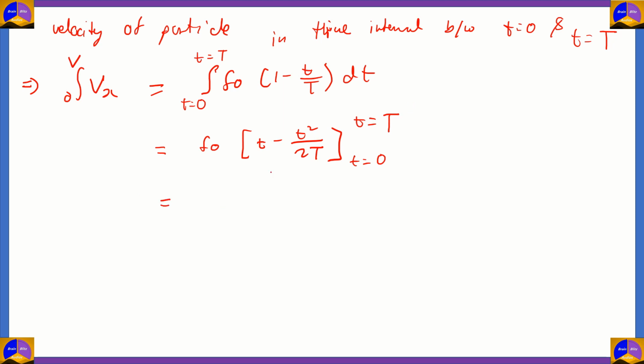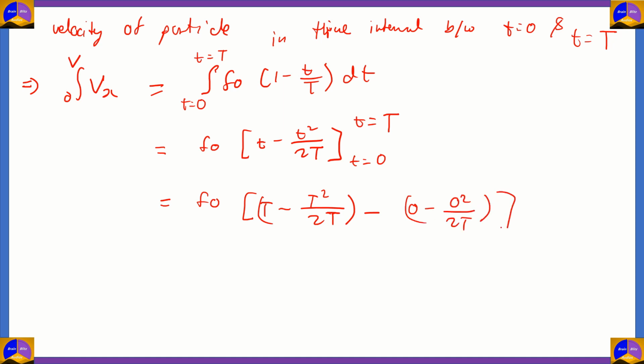So when you have limits, we first apply the upper limit and then subtract the value at the lower limit. So basically we have capital T minus capital T squared divided by 2 times capital T, and we subtract from that 0 minus 0 squared divided by 2T.